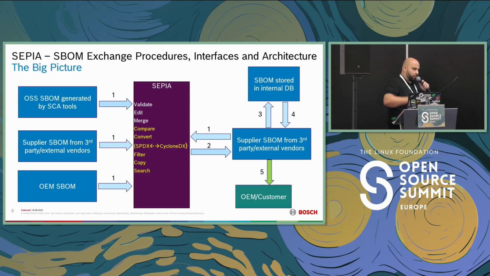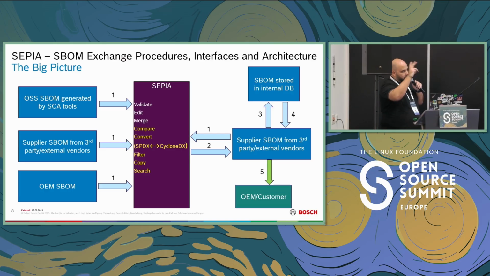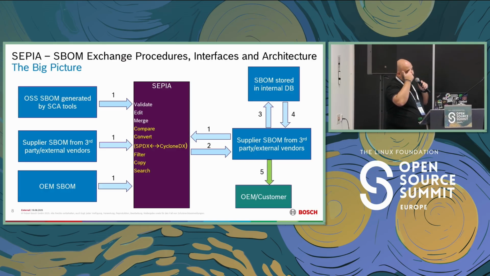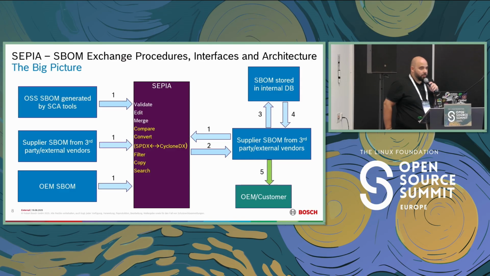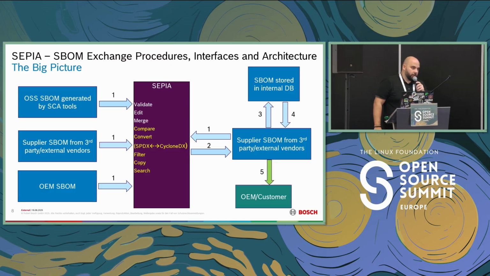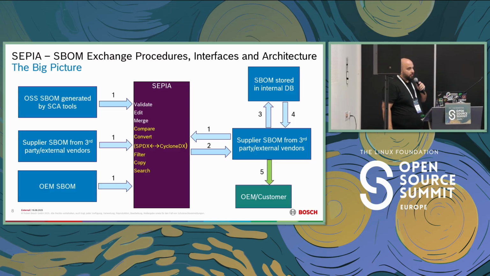You have a drop-down in the UI that we'll demonstrate a bit later, with the option to pick what schema you validate against. Then you upload your SBOM that you want to validate, and you click one button and you're produced with a result. And it will show whether it's valid or invalid.